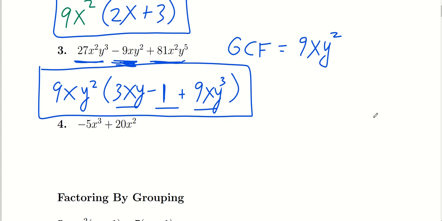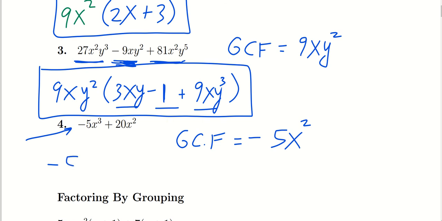Let's take a look at the next one. In example 4, the GCF is going to be 5x squared. However, we talked about this before, that whenever the leading coefficient is negative, it's always a good idea to factor out a negative as well. So for this one, we're going to factor out a negative 5x squared.